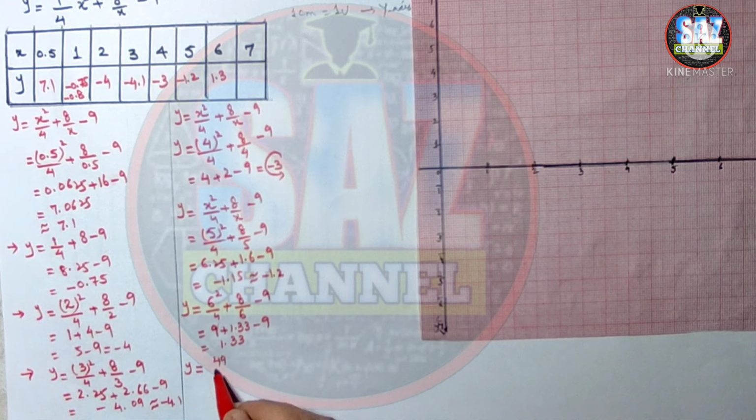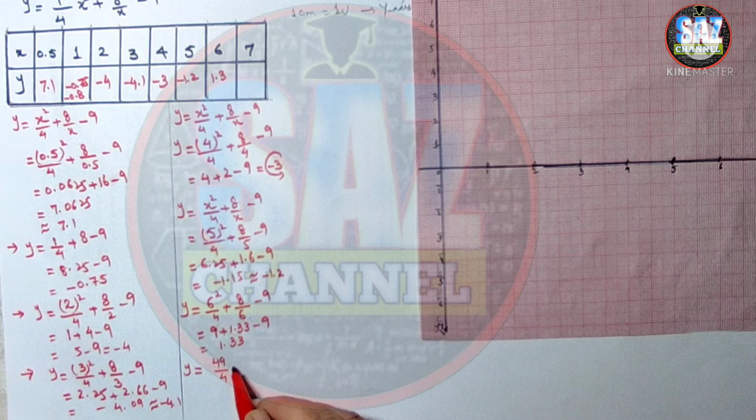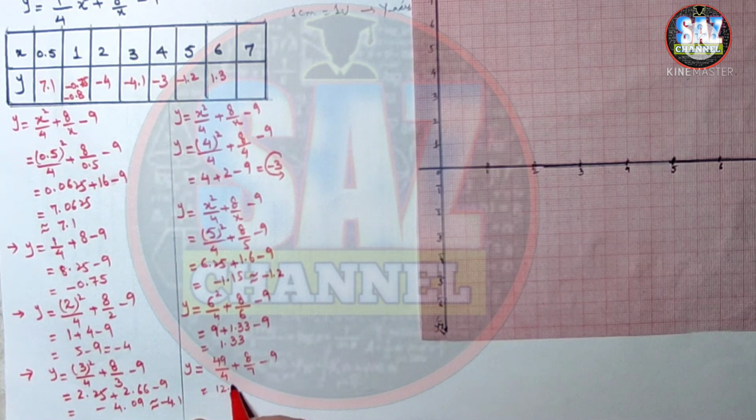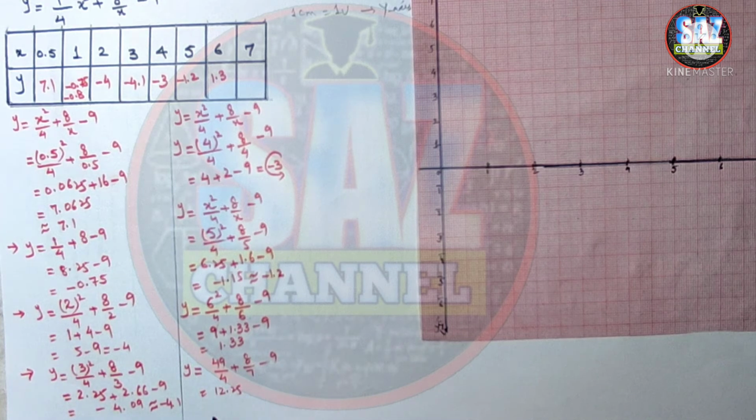49 by 4, plus 8 by 7, minus 9. 49 divided by 4 gives me 12.25, since 12 fours are 48.